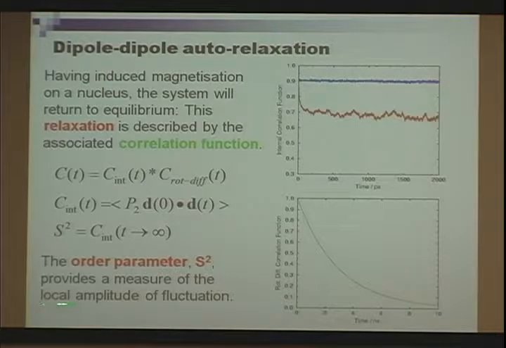This plateau is called the order parameter, and it's a quantitative measure of how much dynamics is occurring. But of course it's limited to timescales of the rotation diffusion. You can't probe internal dynamics beyond about several nanoseconds in this case, because the tumbling of the molecule has already relaxed the system. So spin relaxation is useful for probing dynamics on timescales of picoseconds and nanoseconds.